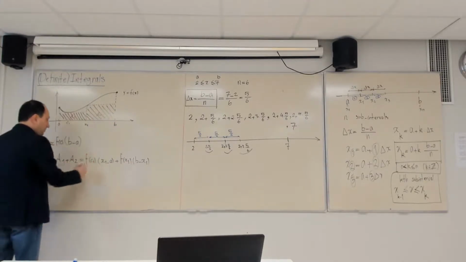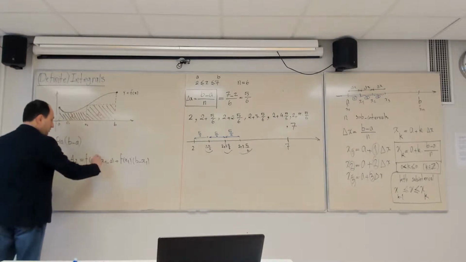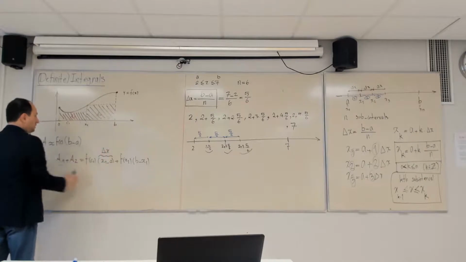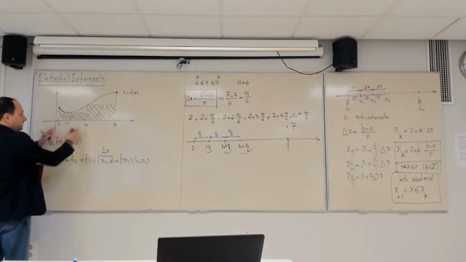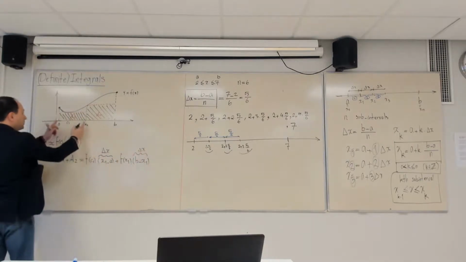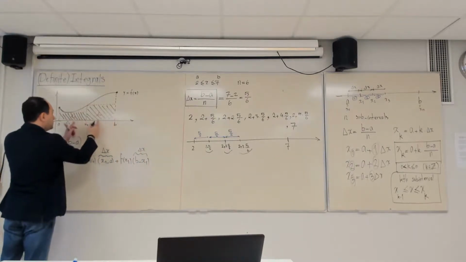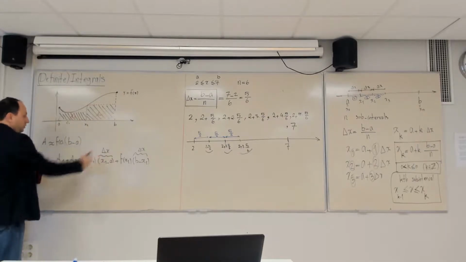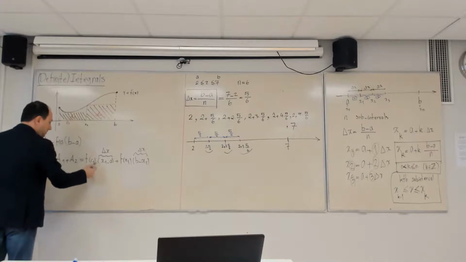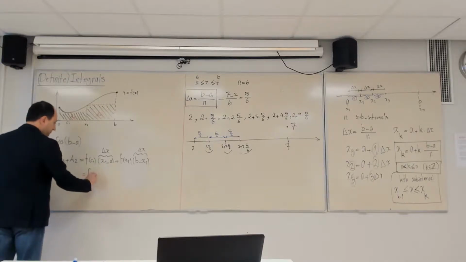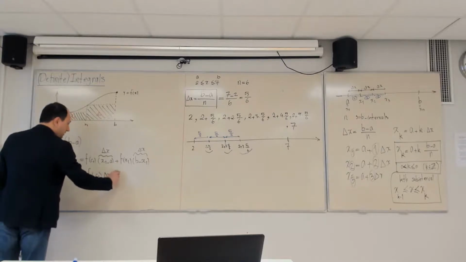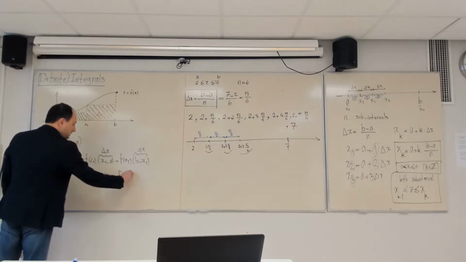But here, let me make it more simplified. So this one is delta x. Do you remember exactly that? This is delta x. This is also delta x, because I am assuming that I am partitioning it into equal pieces. Both of them are delta x. So you will get f of a number, let me call it number C1, delta x, and let me call this one number C2, delta x.